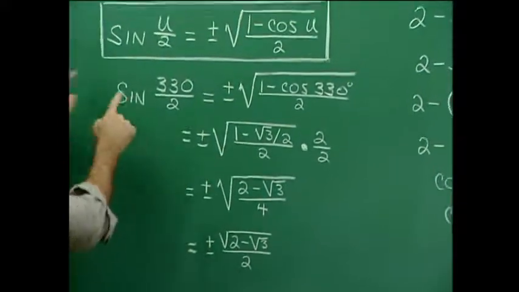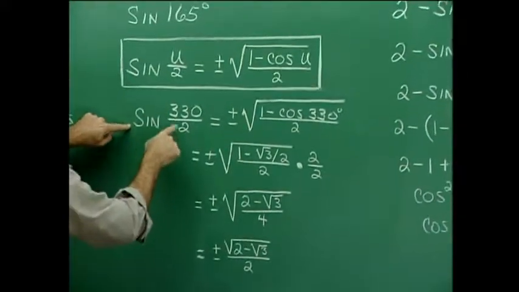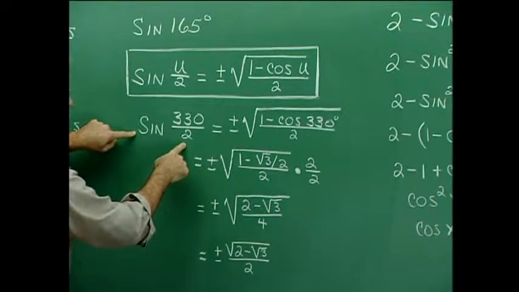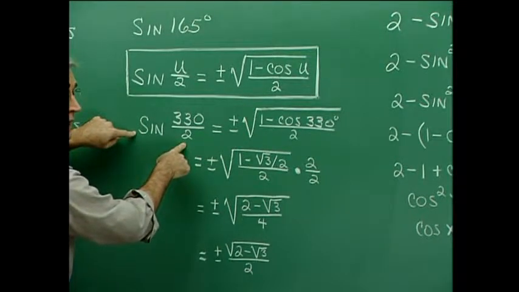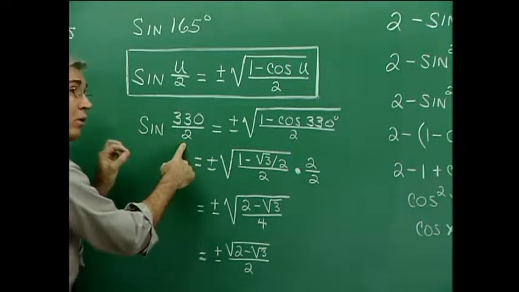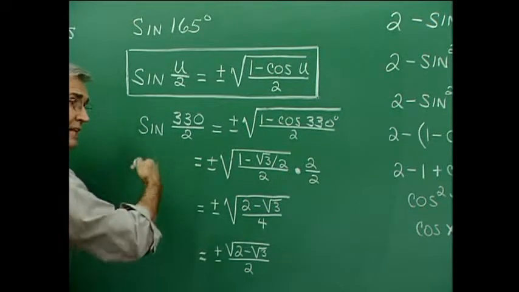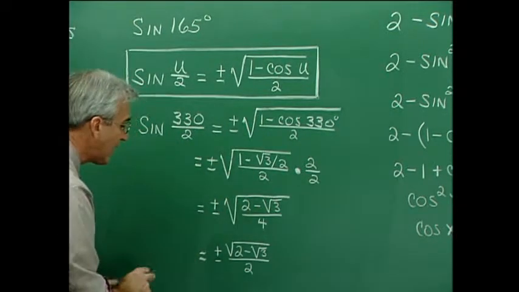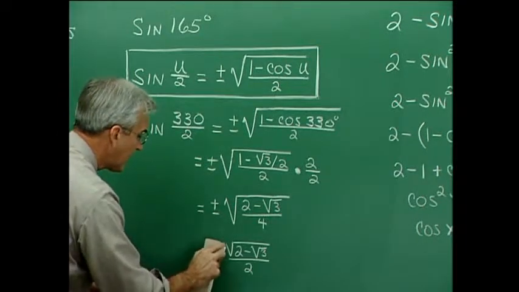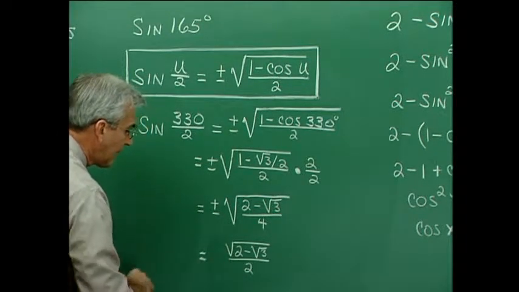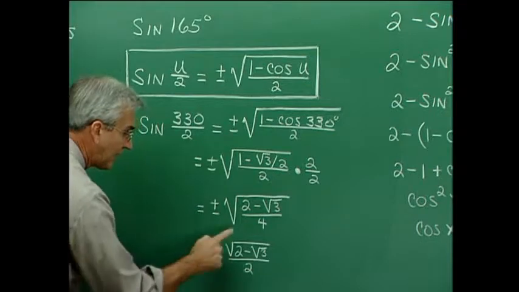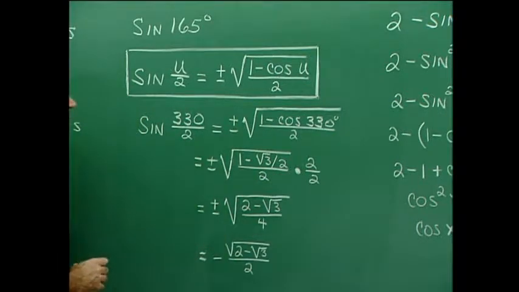We're trying to find the sine of 330 degrees over 2, that is, the sine of 165 degrees. An angle of 165 degrees falls into the second quadrant, and the sine of an angle in the second quadrant is negative. So we would be choosing the negative value here. So it's the negative of that fraction.